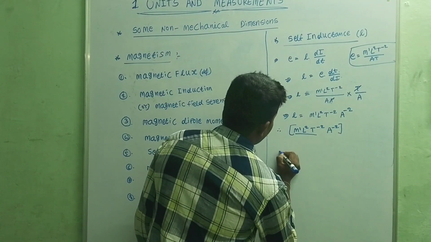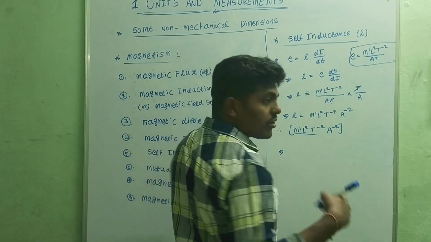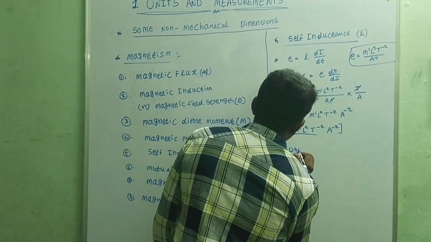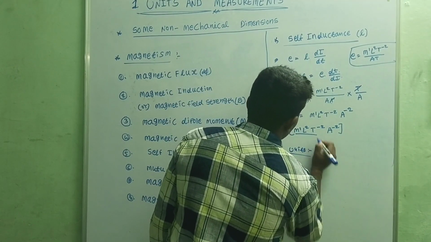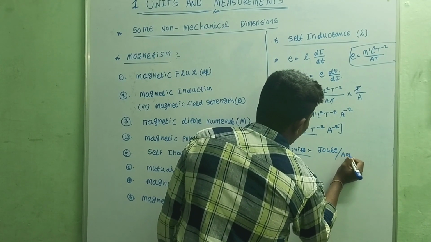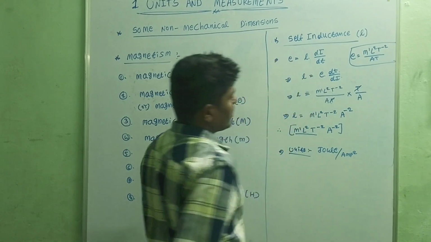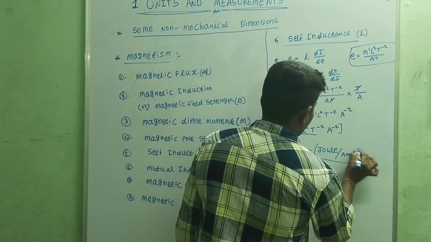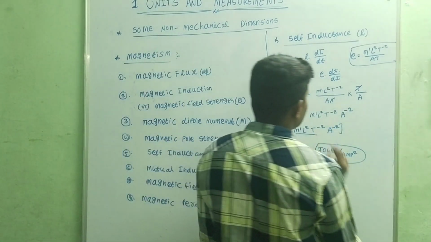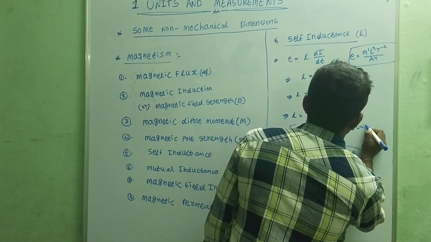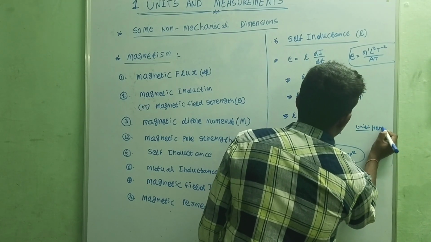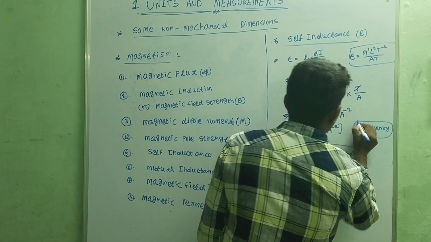So simply we can write the units of self inductance as joule per ampere square. These units of inductance are called Henry.